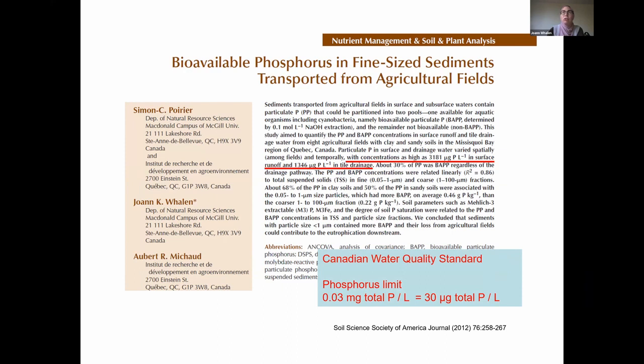In the tile drainage, it was up to 1,346 micrograms of phosphorus per liter. And I just remind you that this is 2 orders of magnitude above the water quality standard here in Canada, which I suspect is similar to the water quality standard in many other jurisdictions as well.